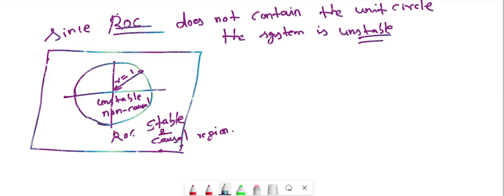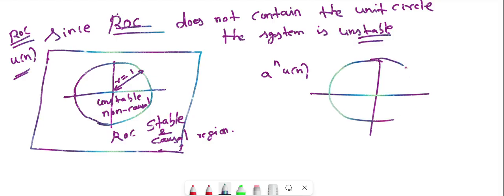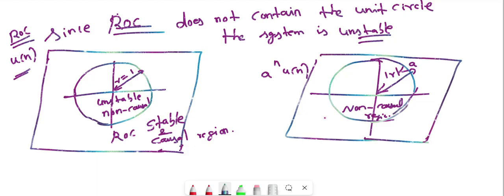This is the ROC of u of n, and the ROC of a power n u of n is the same. For r less than a, this is a non-causal region. This is your causal region.